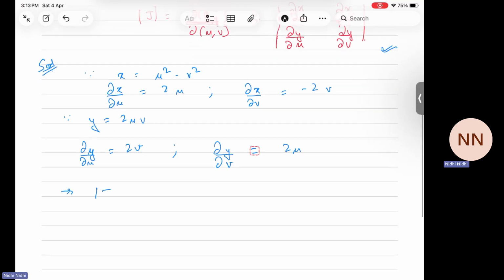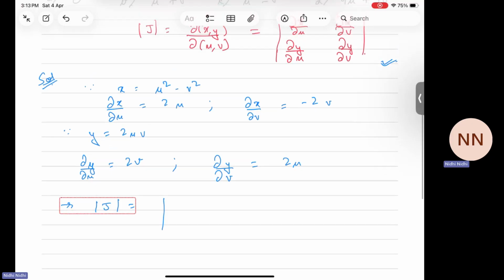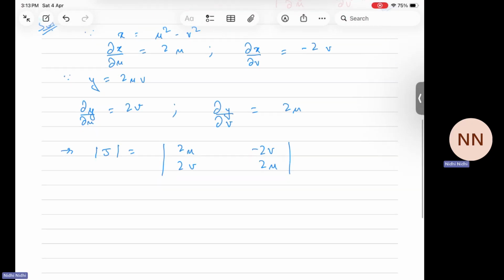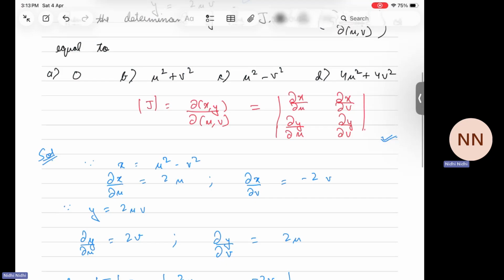So the determinant of the Jacobian matrix is equal to the determinant of the matrix 2u, minus 2v, 2v, 2u. And we all know how to evaluate the determinant. This will be 4u square plus 4v square. So therefore, option D is correct.